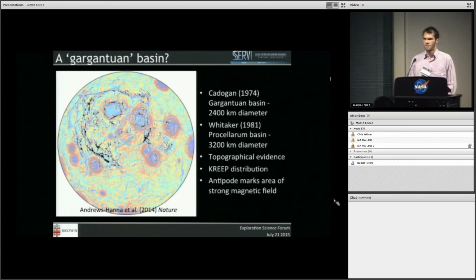Again, the evidence was based on topography, partly concentric ring structures around the edge of this region, as well as it being a general topographic low. Also cited were the distribution of the heat-producing elements, as I mentioned, and features at the antipode of the Procellarum region showing areas of strong magnetic field, which could possibly have been due to a large impact.